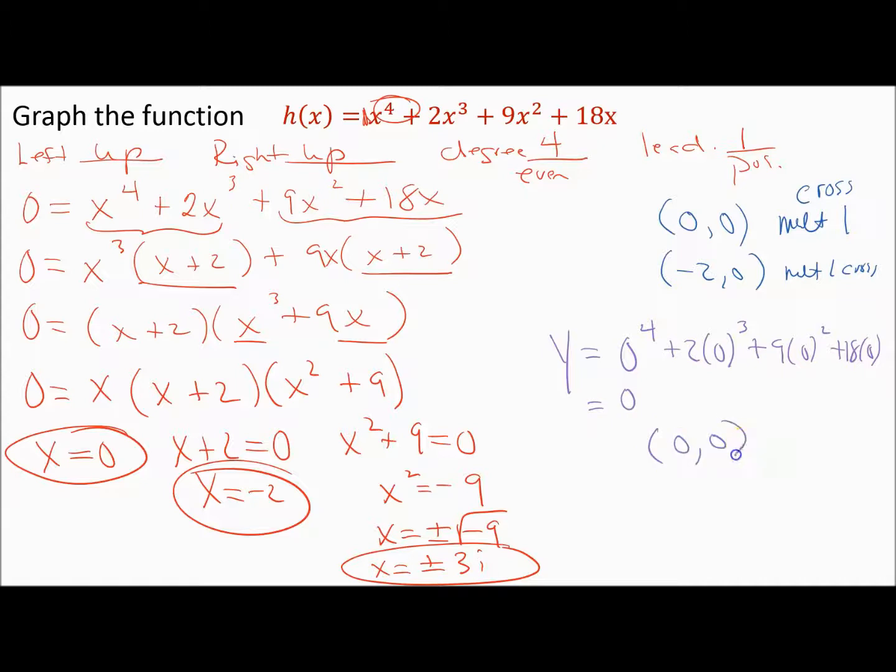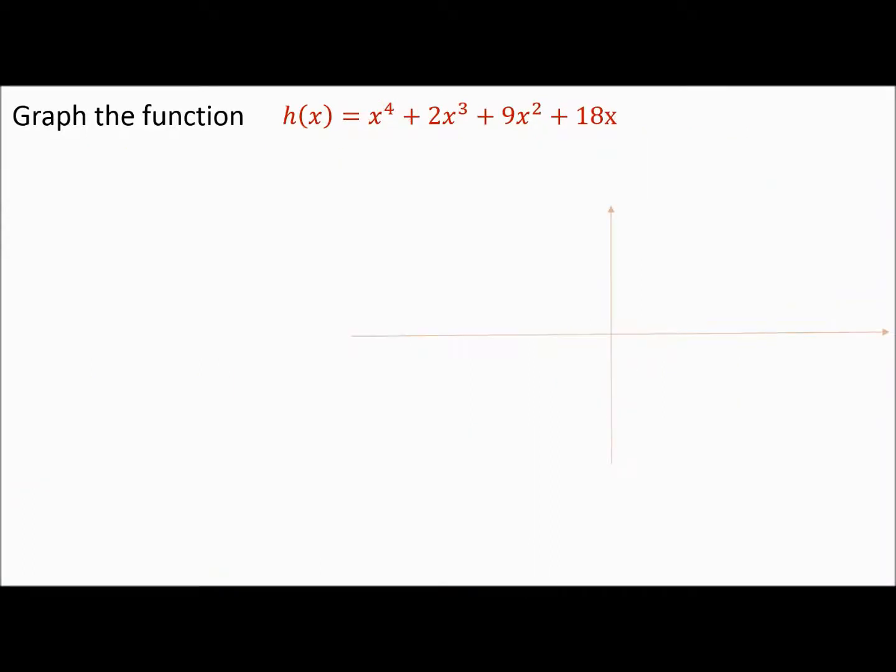So (0, 0) is my y-intercept. Now I'm going to move all this info to the next page with our xy axis. And remember, we had x-intercepts of (0, 0) and (negative 2, 0), and I had a y-intercept of (0, 0) also. So that's all the information I have.